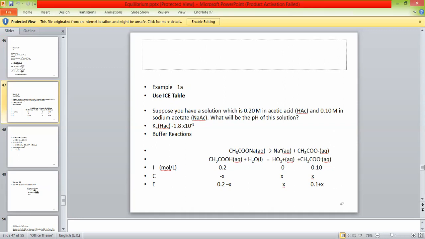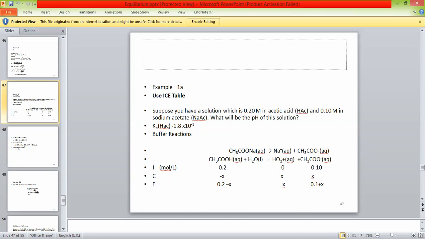This is sodium acetate, and this is acetic acid. The buffer itself is an acetate buffer. That's why we are dissociating acetate here. So you have that dissociation, this is the sodium acetate dissociation, and this here is the acetic acid dissociation. Now, this is a salt, sodium acetate.